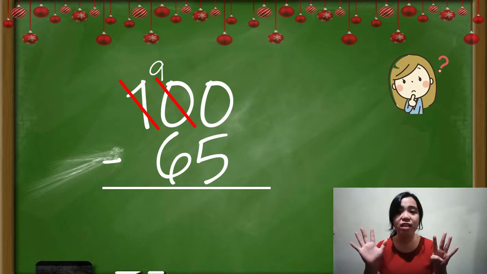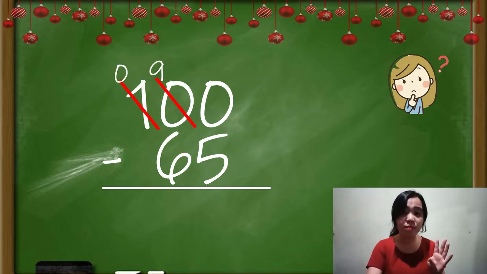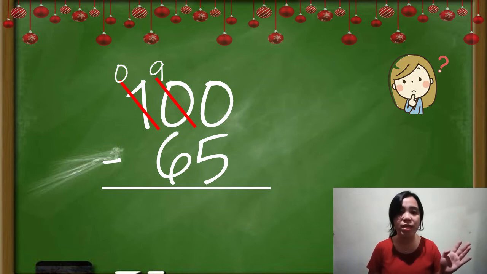And the hundreds value, which is 1, will become 0 because we borrowed from it. So therefore, the ones value, which is 0, will become 10.